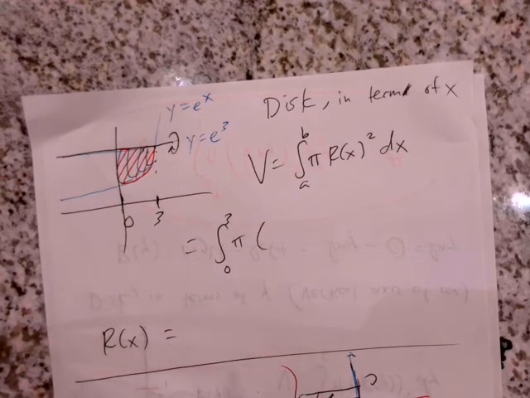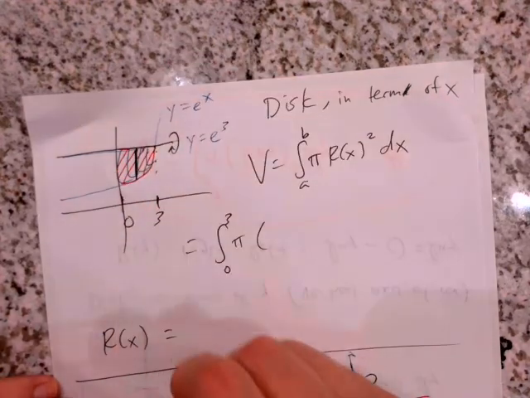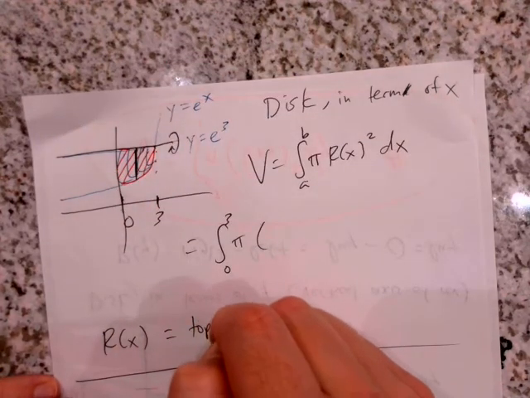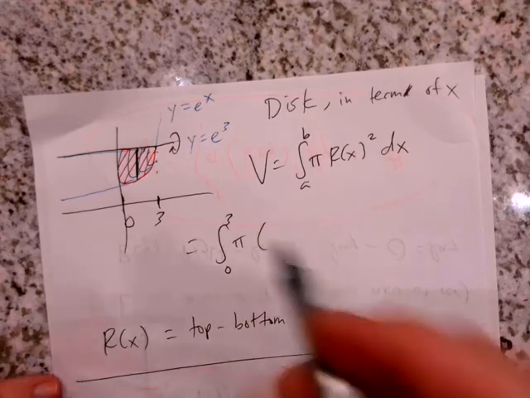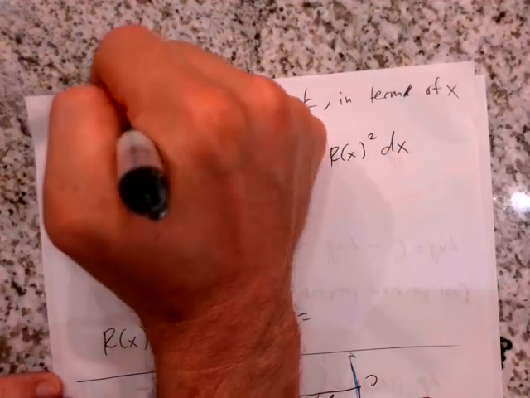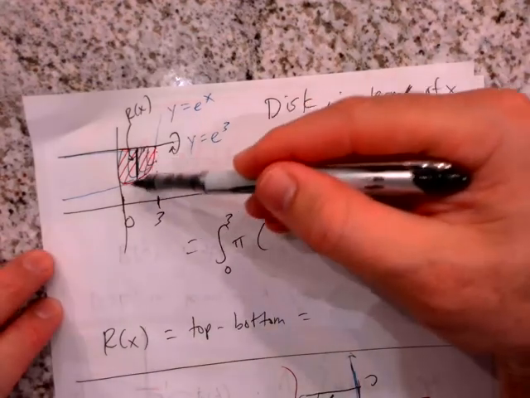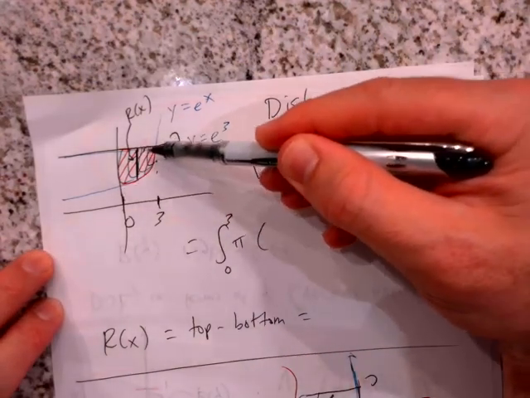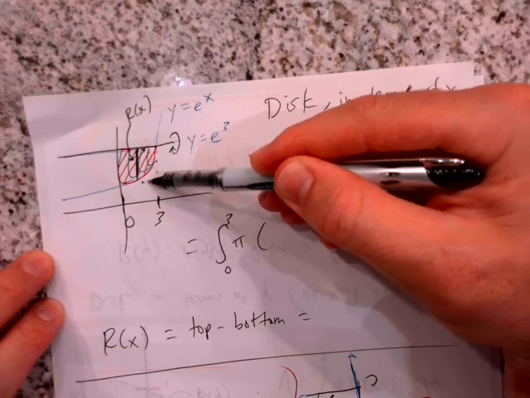Just like area, when you're in terms of x, any length is the top minus the bottom. R of x is the radius of each of these cylinders, which is this length right here, which changes over x. Top minus bottom is e cubed minus e to the x.